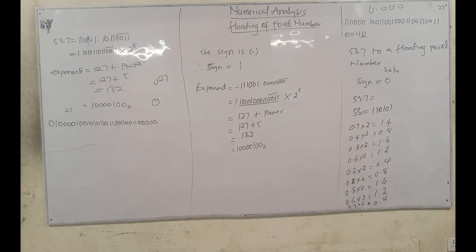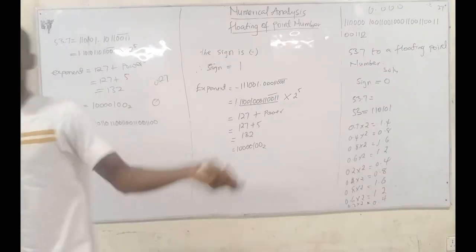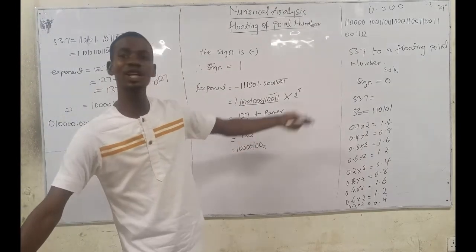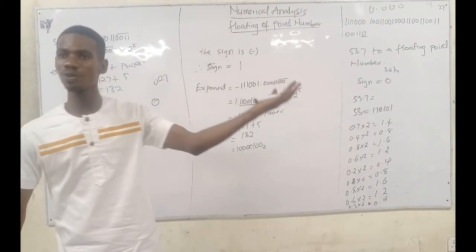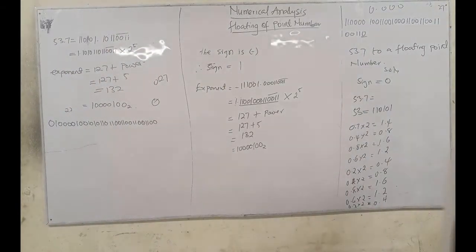Is that clear? When you are moving like this, it is negative, but when you are going like this, it's positive. So I don't think there will be that instance. But if that is the case, you can put it there. When we have a negative, 1 times 2 to the minus something. But I don't want to use that explanation.